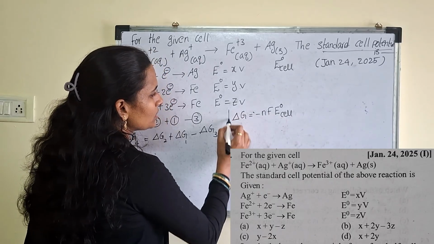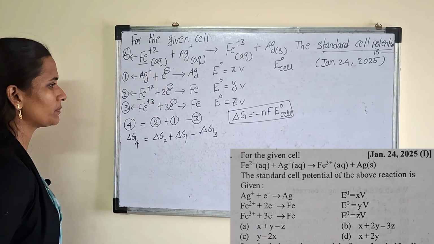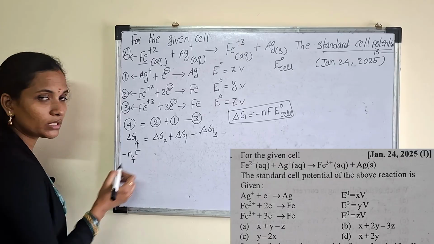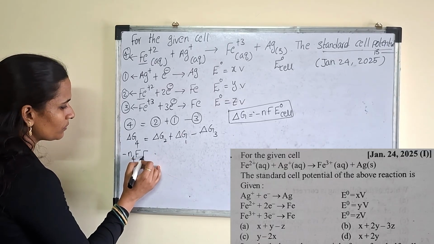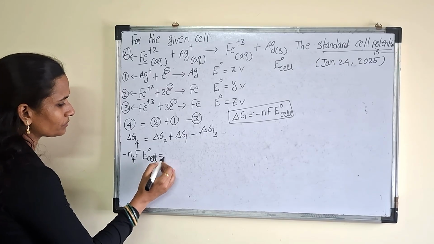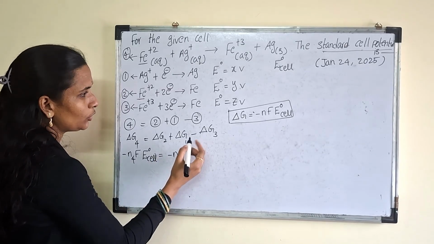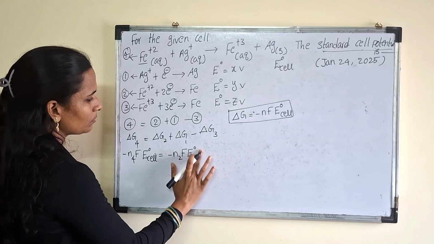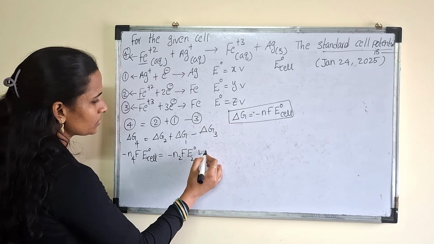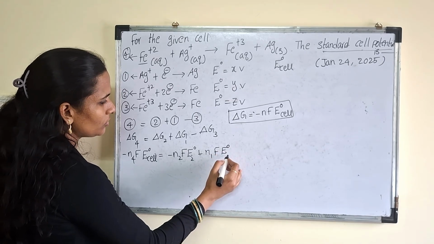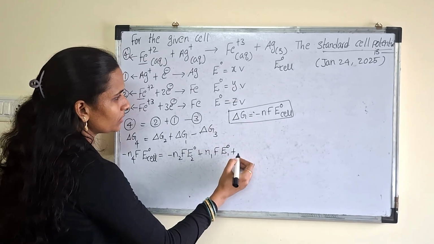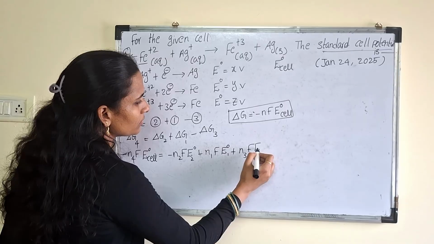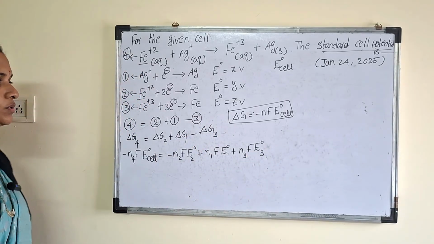Substituting, delta G4 is minus N4 F E naught cell, where F is the Faraday constant. This equals minus N2 F E2 naught, plus minus N1 F E1 naught, minus of minus N3 F E3 naught, which becomes plus. This is the total delta G values we substituted.